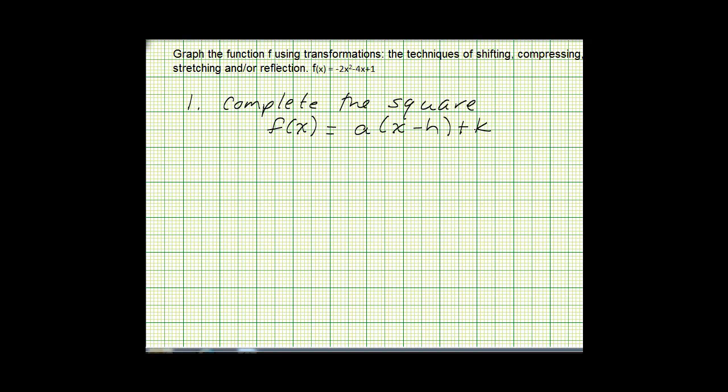From this form, we can determine the basic function, which is the first thing we're going to graph. In this case we already know, because it's a square there, that our basic function is going to be y equals x squared, and we'll graph that first.